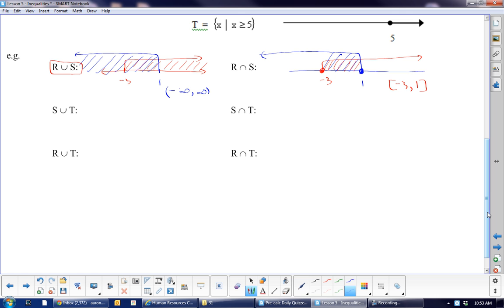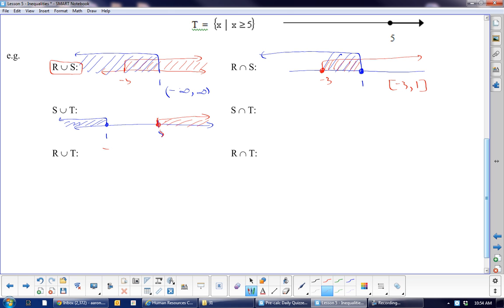So we draw our number line. S is x less than or equal to 1. We're going to color that in, and it goes like this. Those are all the points for S. T is x greater than 5, which I'll do in red. What are all the numbers included in S union T?